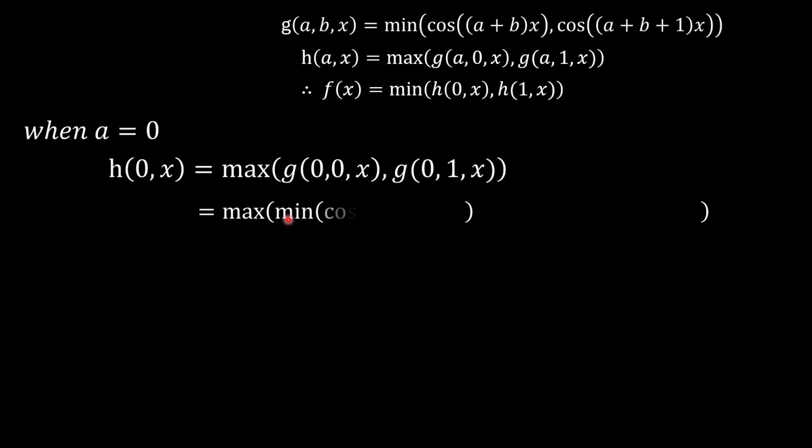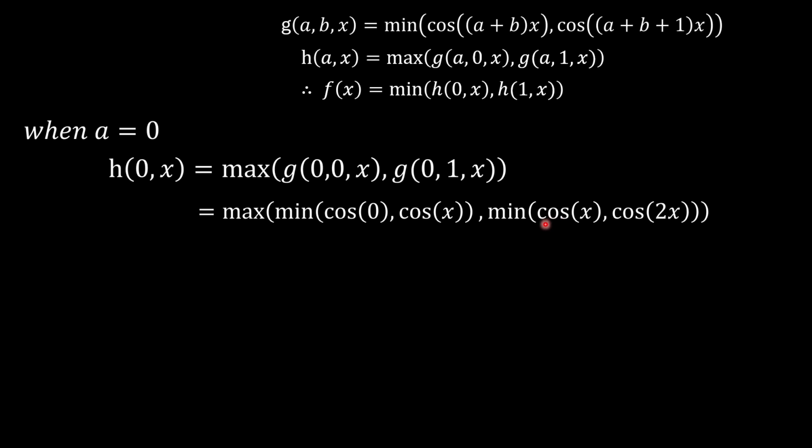Now, what does that mean? That means we are looking at two situations inside, in which g(0, 0, x) is a minimum of cosine 0 and cosine of (0 plus 0 plus 1)x, so cosine of x. So what is the value of the minimum between cosine 0 and cosine x?